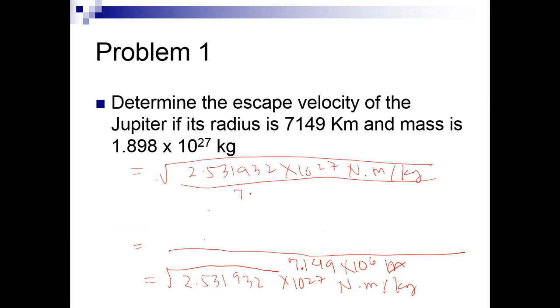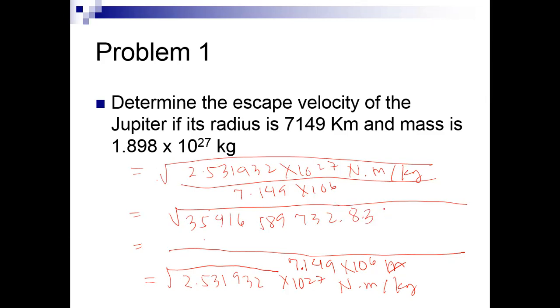I-divide natin yan sa 7.149 times 10 to the 6 bago natin kukunin ang square root niyan. Wala na yung unit kasi na-cancel na, no? So we have there the 35,416,589,732.83.